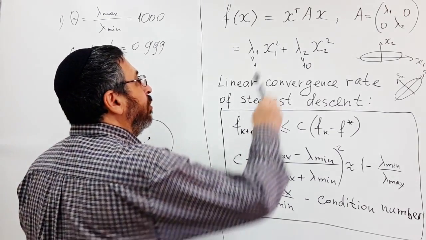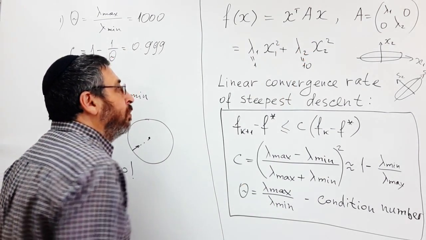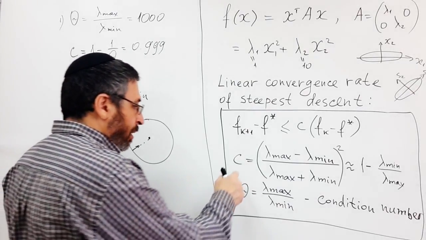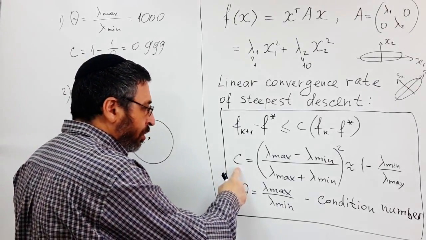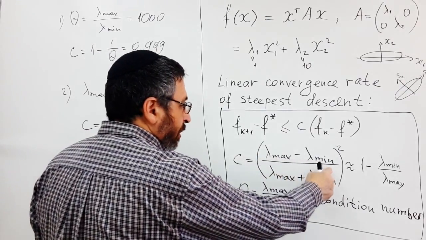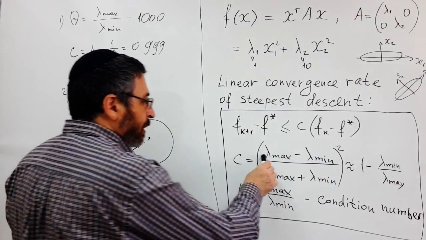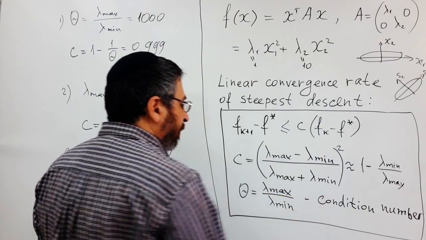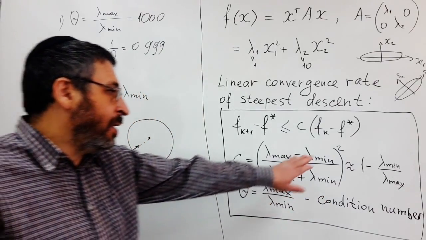And if we know the eigenvalues of our matrix A, then one can show that the convergence rate is given by this formula: (lambda max minus lambda min) divided by (lambda max plus lambda min), squared.